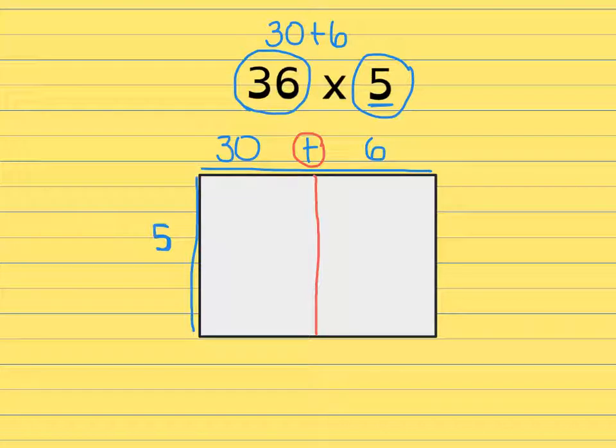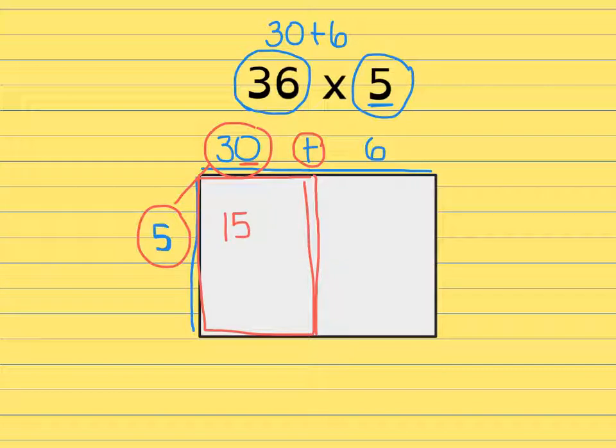Now I'm going to multiply both factors for each box. Looking at this first box, I'm going to multiply the 30 times the 5. I like numbers that end in 0 because I know that I can cover up that 0 and multiply 5 times 3. 5 times 3 is 15, and then I'm going to add that 0 back in to get 150.